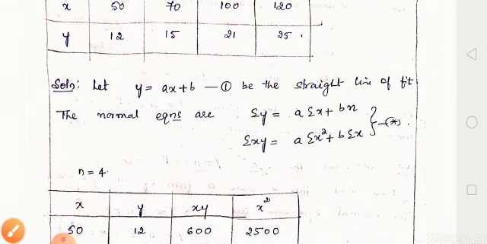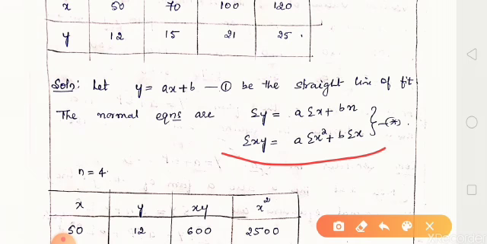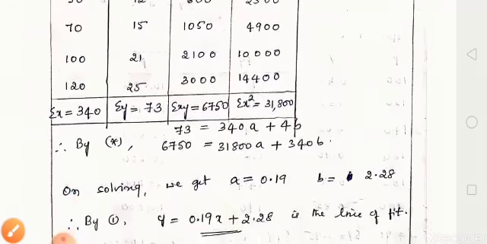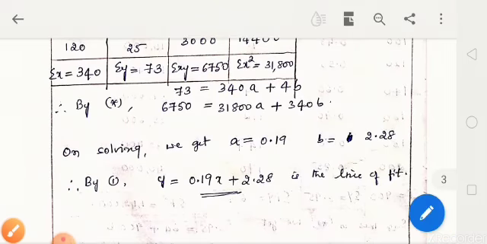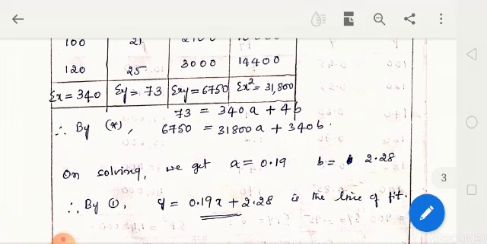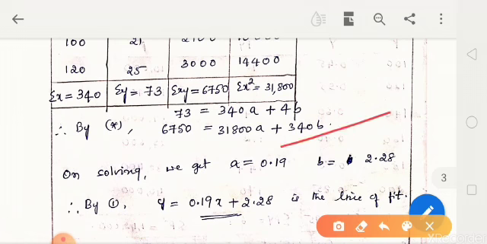Substitute these values in system star. So system star becomes 340a plus 4b equal to 73, and 31,800a plus 340b equal to 6,750.